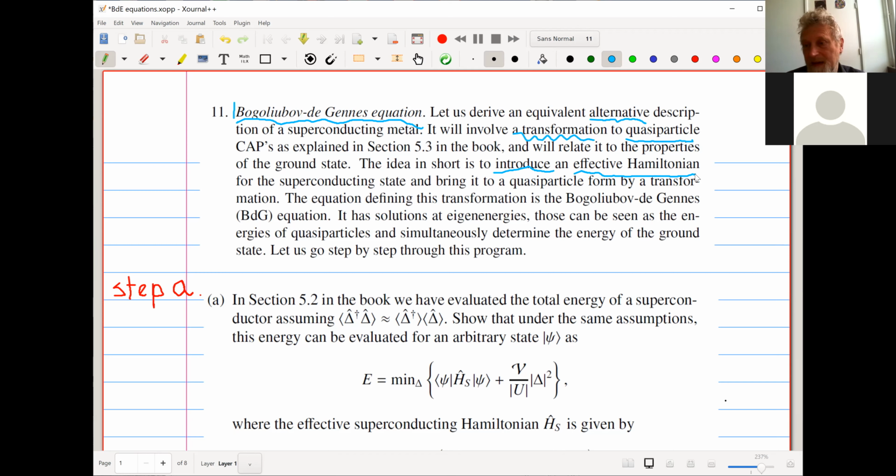So in fact, we will run a transformation, which is commonly called Bogolyubov transformation, and de Gennes did, he kind of made it popular in the context of superconductivity. And we will show that this is useful. We will find the relation between energies of quasi-particles involved and the energy of the ground state of the superconductor.